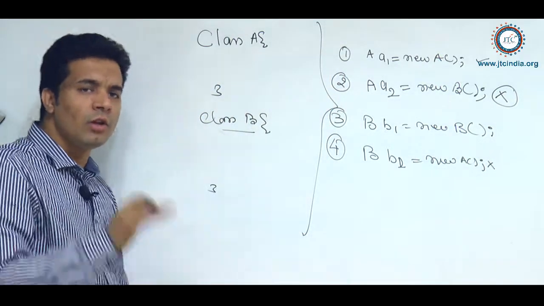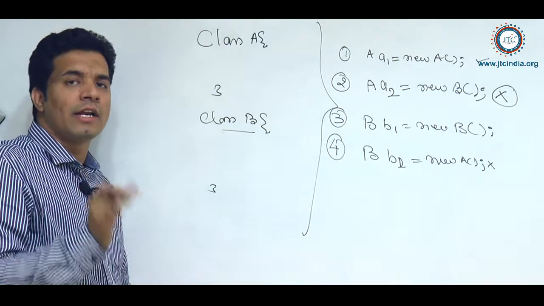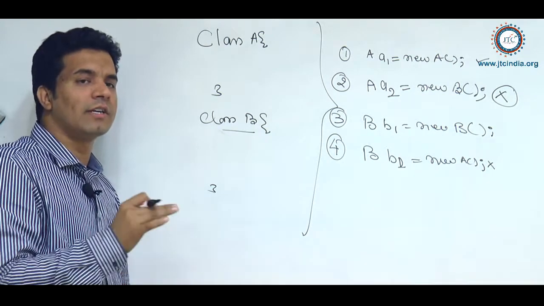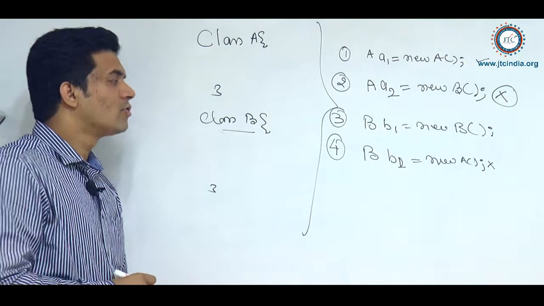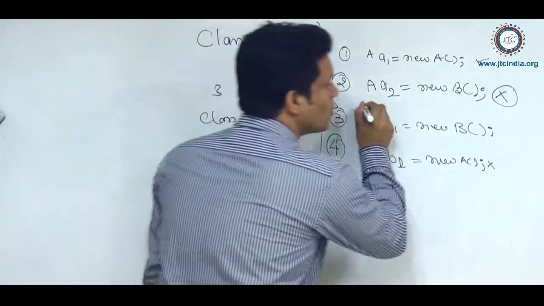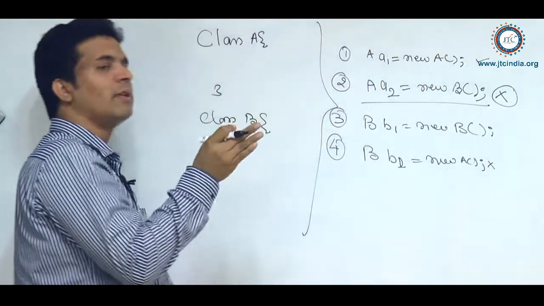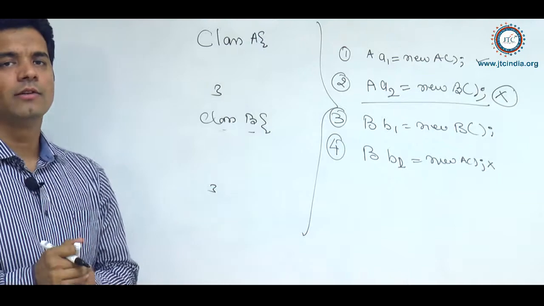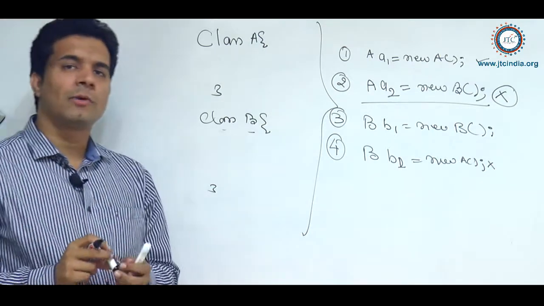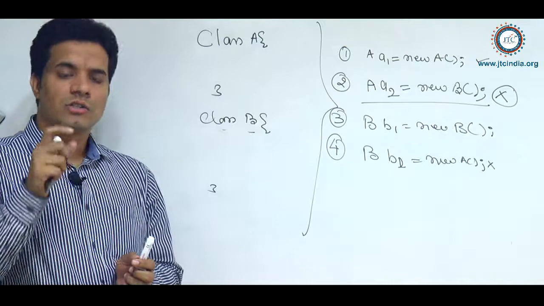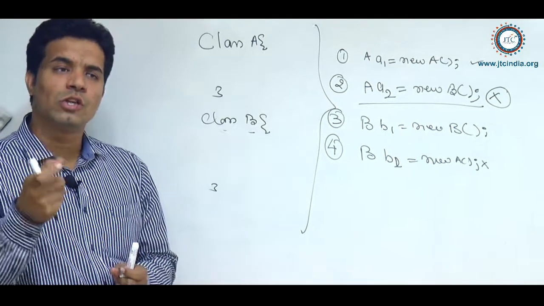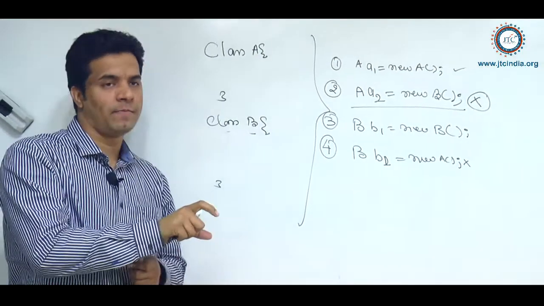Now, what exactly are we trying to achieve? See, what is dynamic dispatch? I will tell in one line. Dynamic dispatch is the process of assigning a subclass object reference to the superclass reference variable.